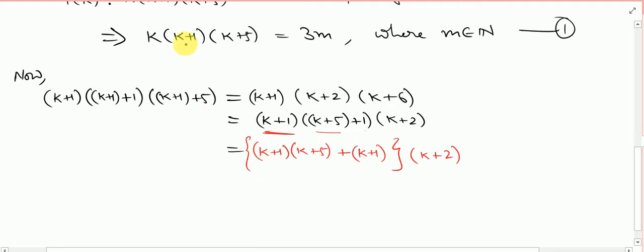So we multiply the terms in the bracket with k.